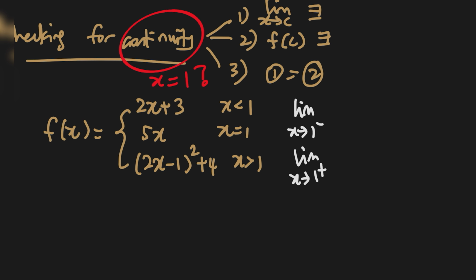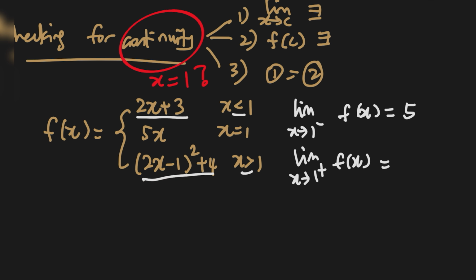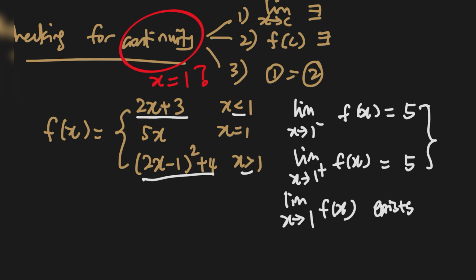So when x approaches 1 from the left side, I will look at this expression here because it's less than 1. So that I will get 5, right? And when x approaches 1 from the right side, I'll look at this one because it's more than 1, and I still get 5. So I can conclude that the limit of f(x) when x approaches 1 does exist because they are the same.